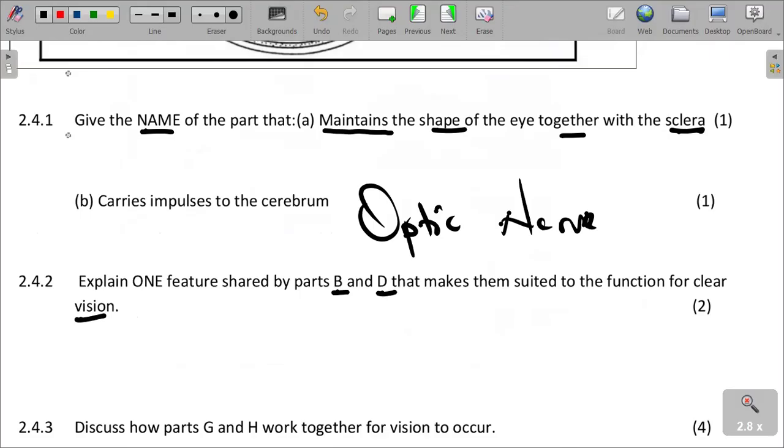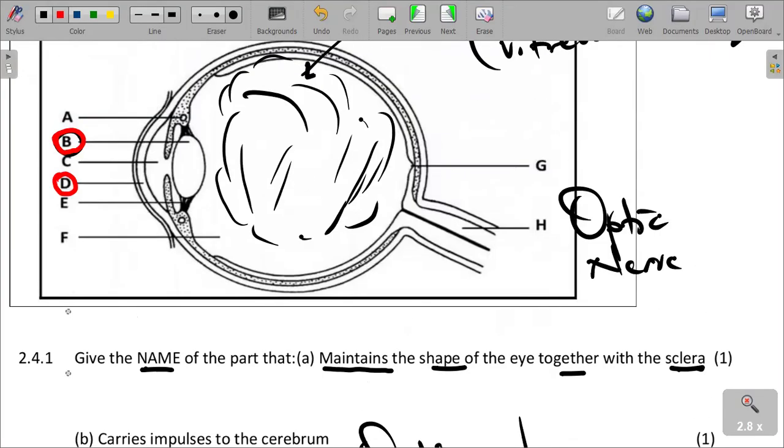both they allow refraction. As you can see, we are saying part B and D are the cornea and so forth.